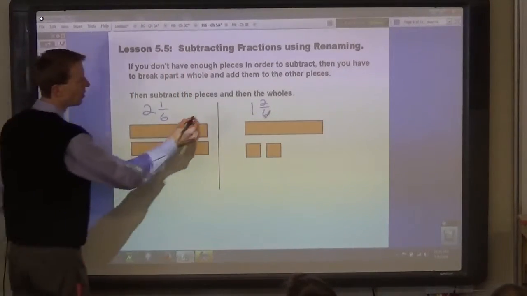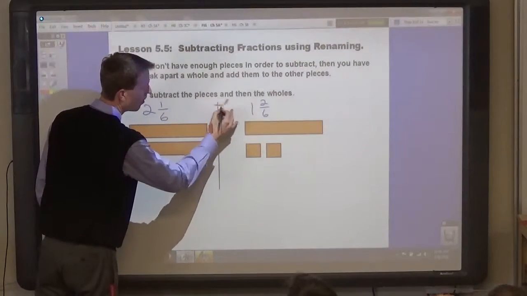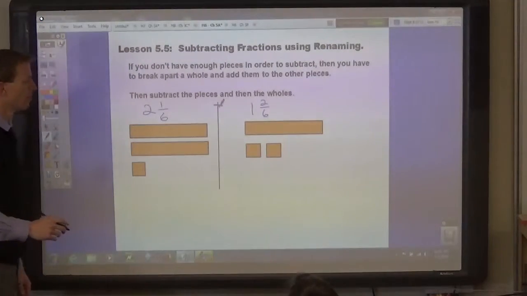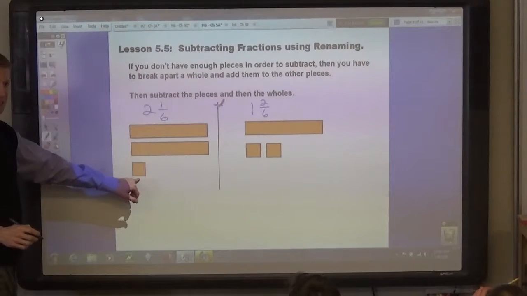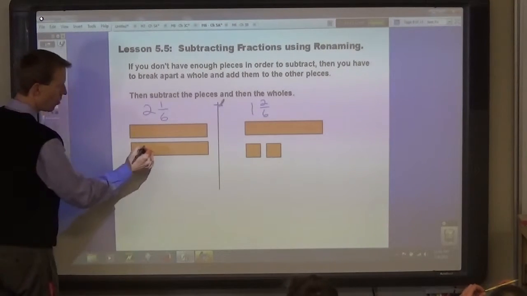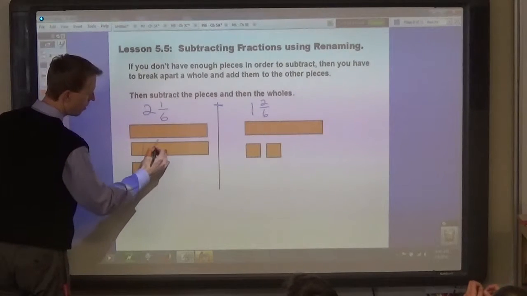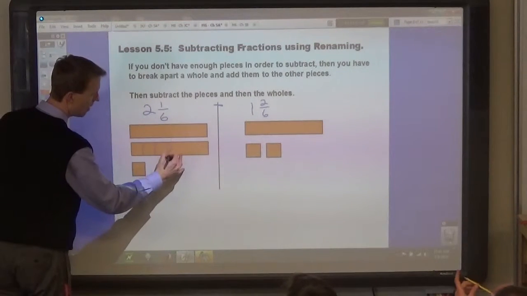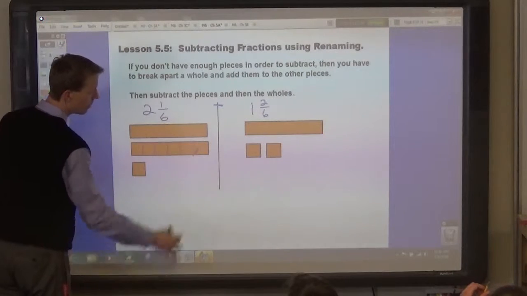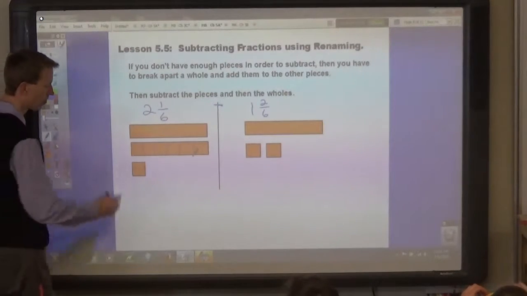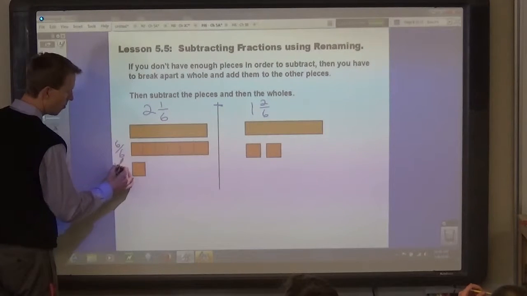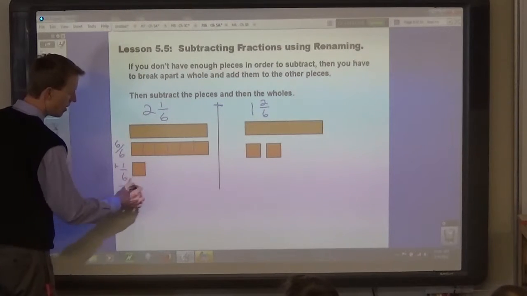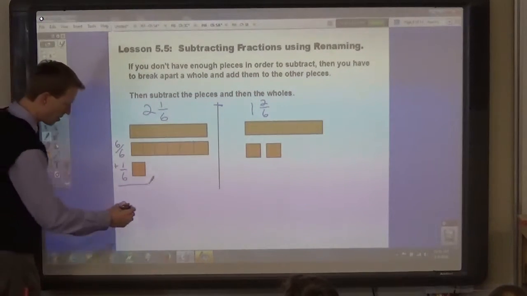So if we're going to take these away, minus them, do we have enough pieces? No. So we have to break the whole into 6. You have to draw 5 lines to break it into 6 pieces, right? So this is 6/6 plus 1/6 is 7/6.